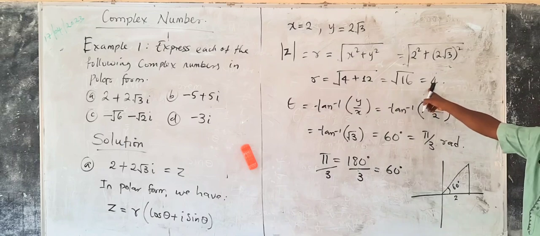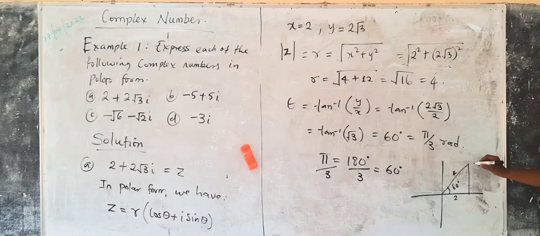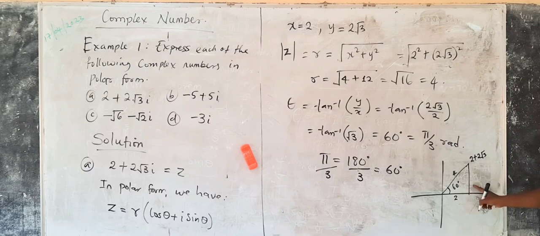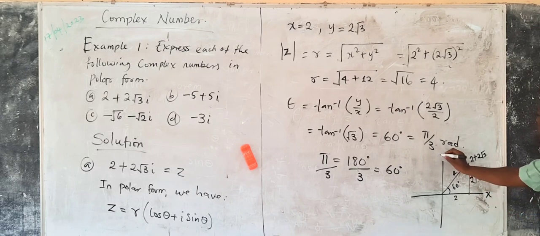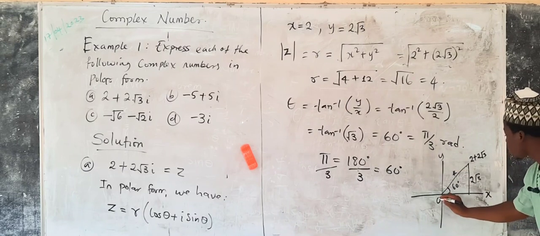R, which is the modulus, is 4. Then here is the complex number itself, which is 2 plus 2 root 3. So here is the x axis and here is the y axis. So this is the representation.